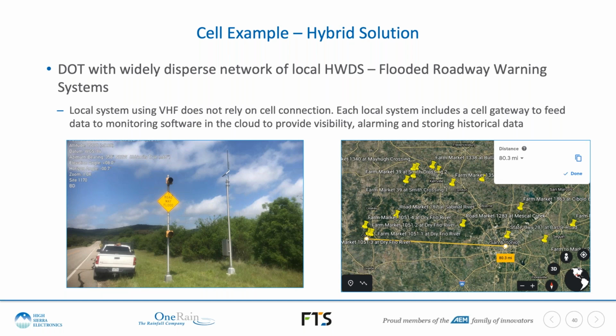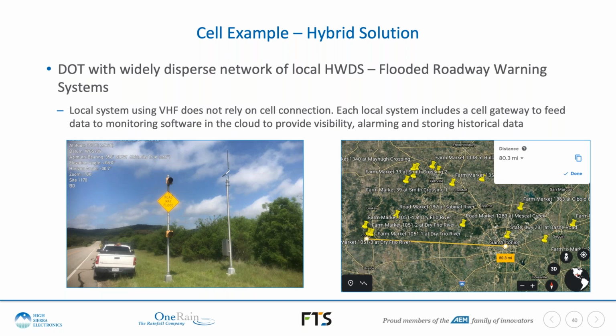We're out in the hill country outside of San Antonio, and we're using VHF, so terrestrial radio ALERT communications between the gauging sites and triggering these flooded roadway warning sites up the road in each direction. And locally, we're using ALERT communications, but as you can see in the map, we've got cellular back to their base station, and this is hill country, and the base station is 80 miles from some of these sites.